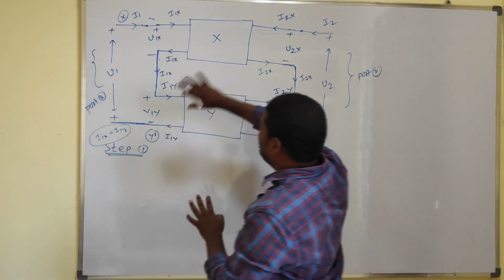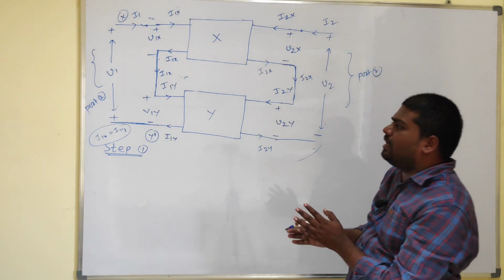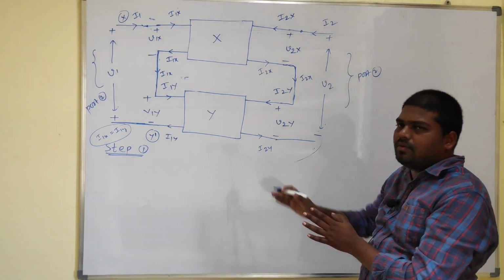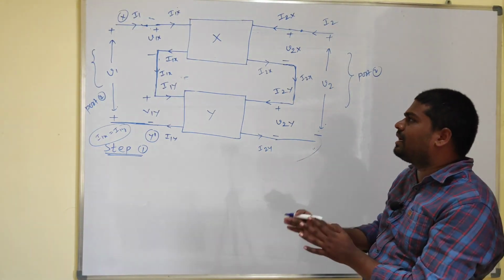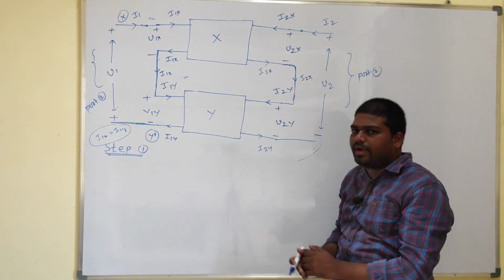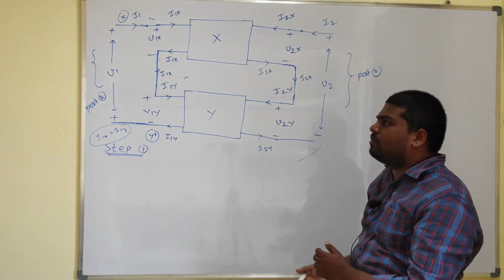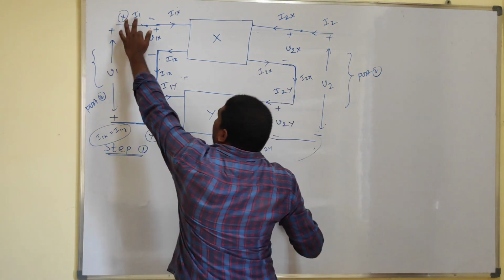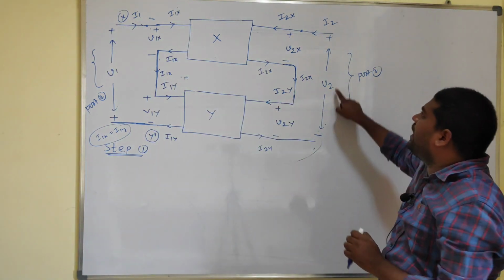This is the complete series interconnection of two-port networks. For this series interconnection, we can define four variables: V1, I1, and in the same way V2 and I2.